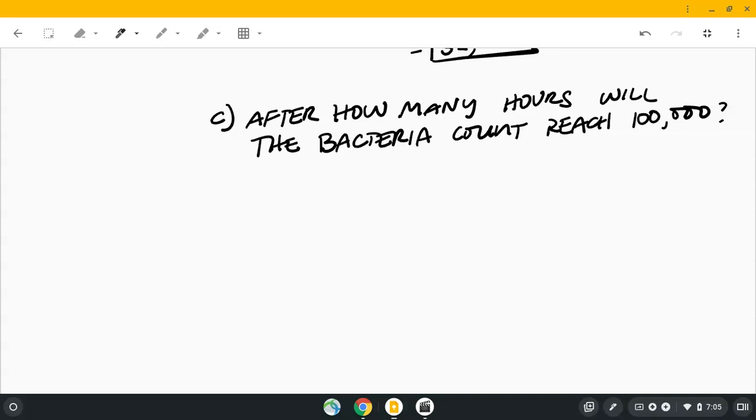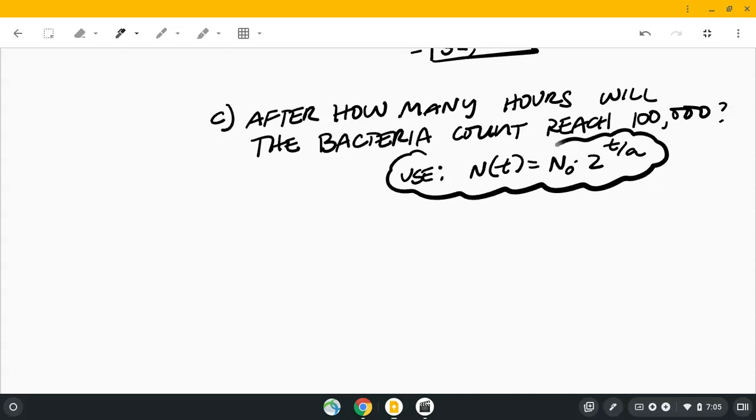Again, we are going to use this formula, N of t equals N0 times 2 to the t over A. And we have a formula with actual numbers here, N of t equals 1,000 times 2 to the t over 3, because the initial amount is 1,000 and the time it takes to double is 3.